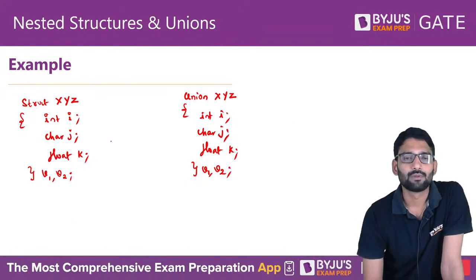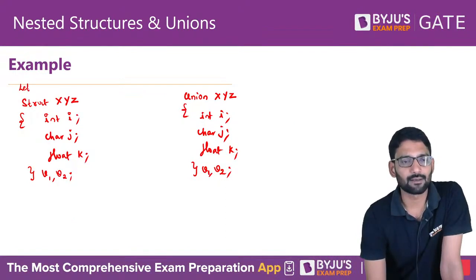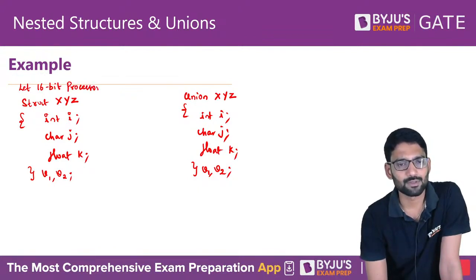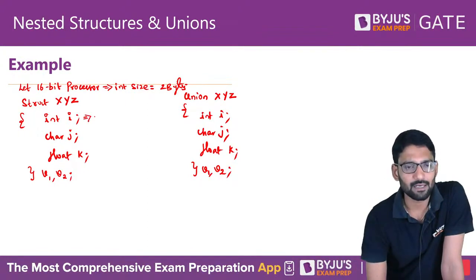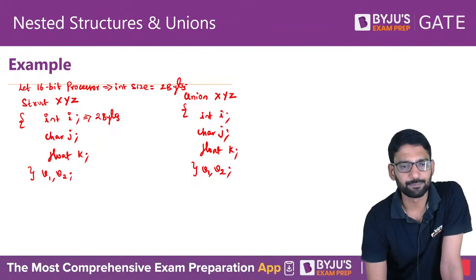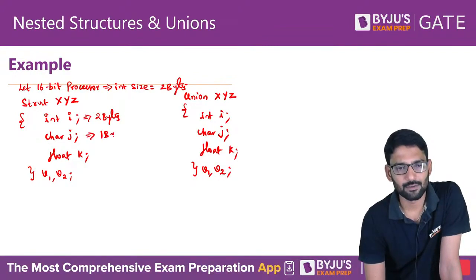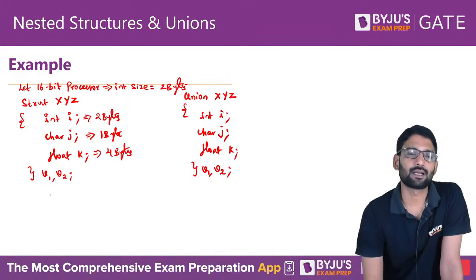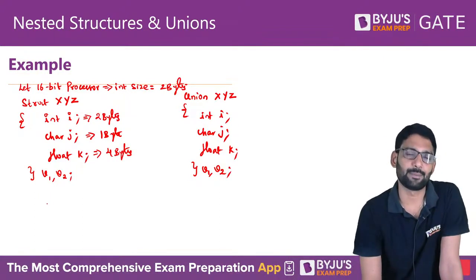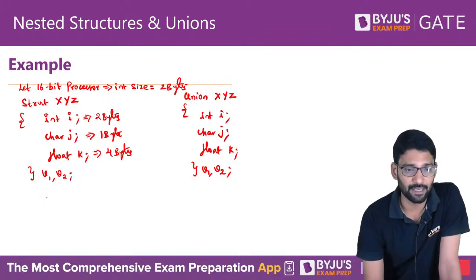Now, I am taking a 16-bit processor. So 16-bit processor means I can say one integer size is 2 bytes or 16 bits. So for i, 2 bytes of memory is allocated, for j 1 byte, for k 4 bytes because it is float type. But they are not allocated independently of the variable name.